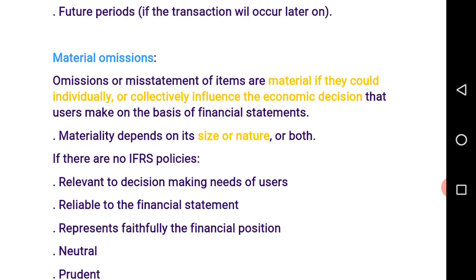I'll give an example: a purchase of probably an aircraft. The price is obviously huge. Nobody who purchases an aircraft would say this price is not substantial for presentation, depending on the size of the company.